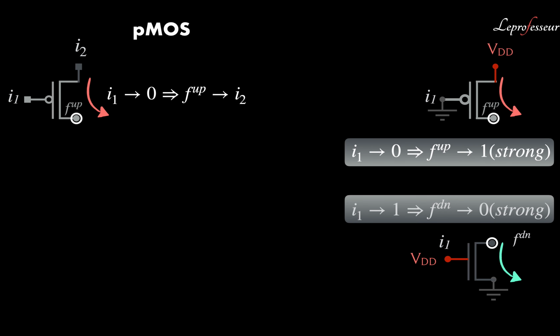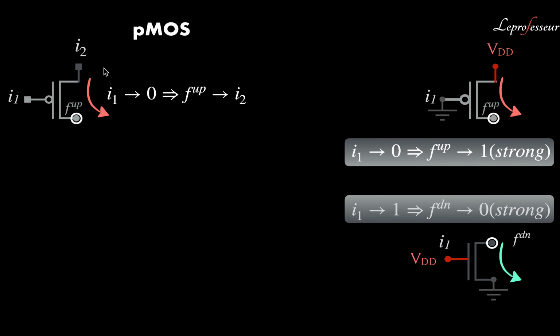What if, instead of VDD, we connect it to another input, a secondary input to the circuit, I2, and one input I1 is connected to the gate? And we are taking the output of this circuit from the other terminal. Very simple, the same configuration.